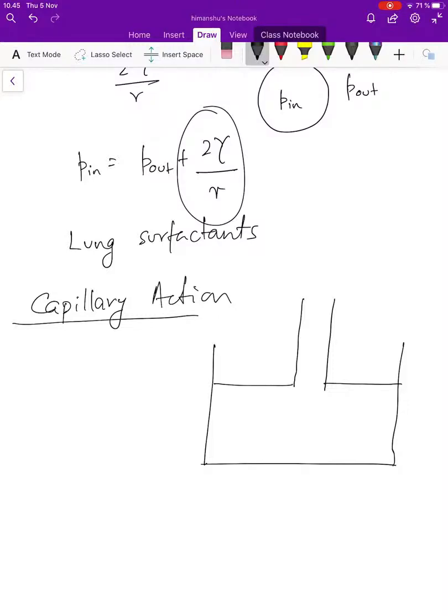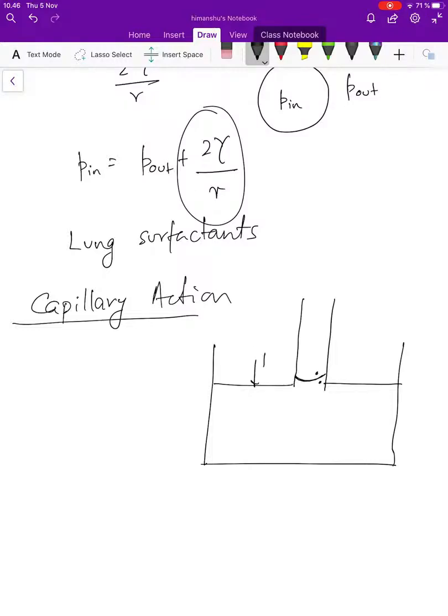So the radius of this tube is equal to r. As the liquid starts to wet the capillary, it forms, in most cases, a concave interface. The formation of this concave interface implies that the pressure just below the interface is less than the pressure above the interface.